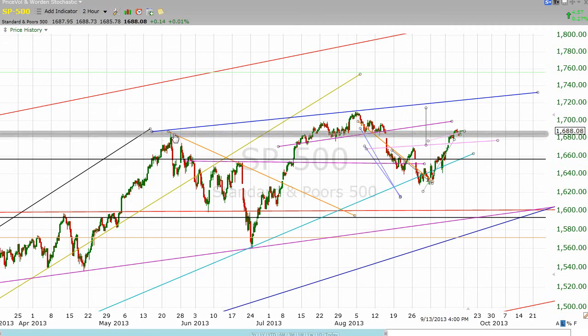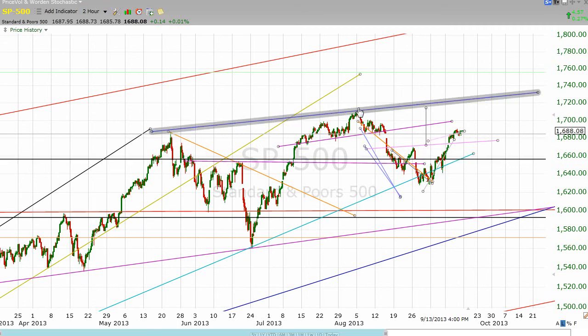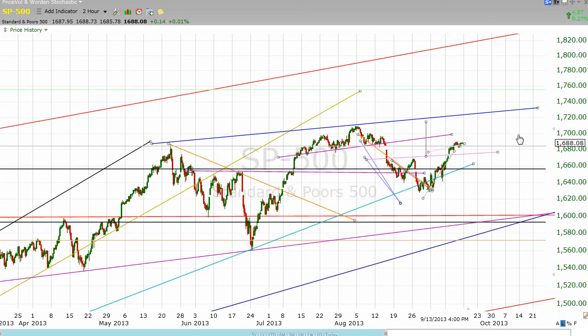You can see that our last two short-term tops extend out on this blue line right here. I would be a little surprised to see that get taken out. But if that were to happen, the good news is that means this bull is probably going to run significantly higher, despite the naysayers' feelings that the markets are way ahead of themselves and have no justification for being at these levels.